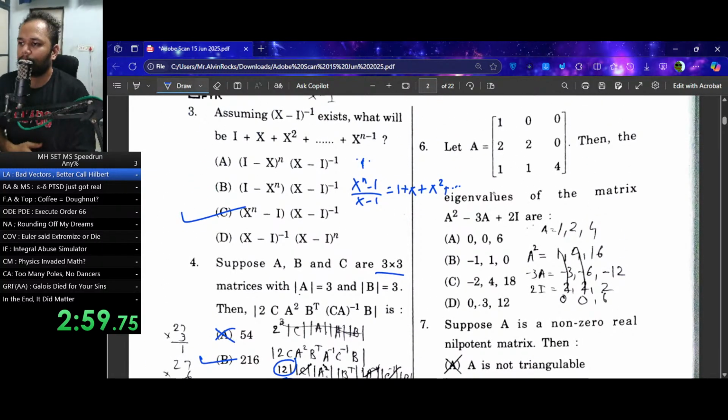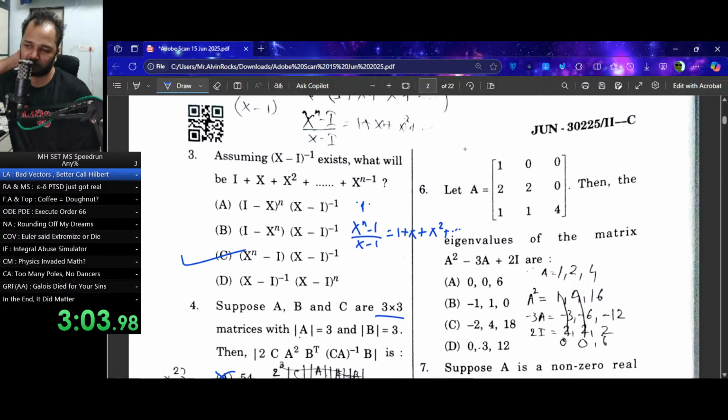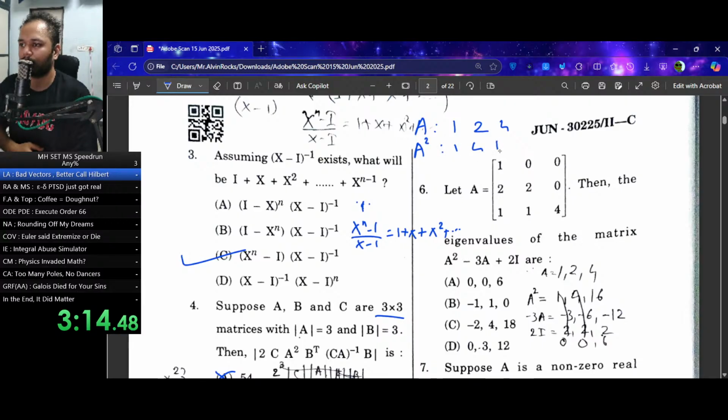Right, the eigenvalues. Okay. Lower triangular matrix eigenvalues are 1, 2, 4. Then what is A? This is your A. A square will be 1, 4, 16. And minus 3A will be minus 3, minus 6, minus 12.